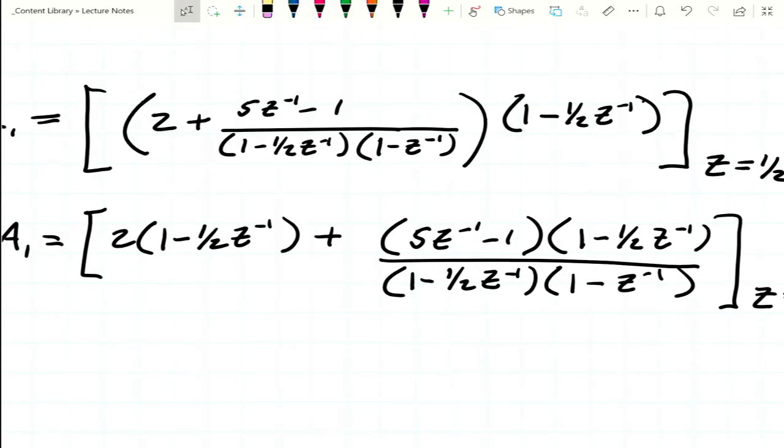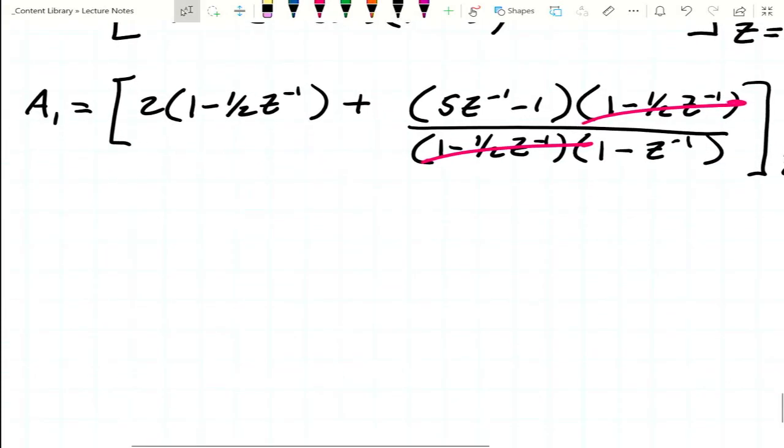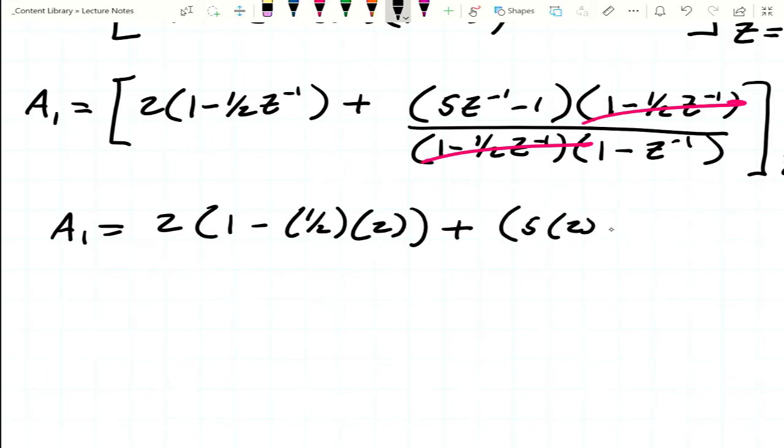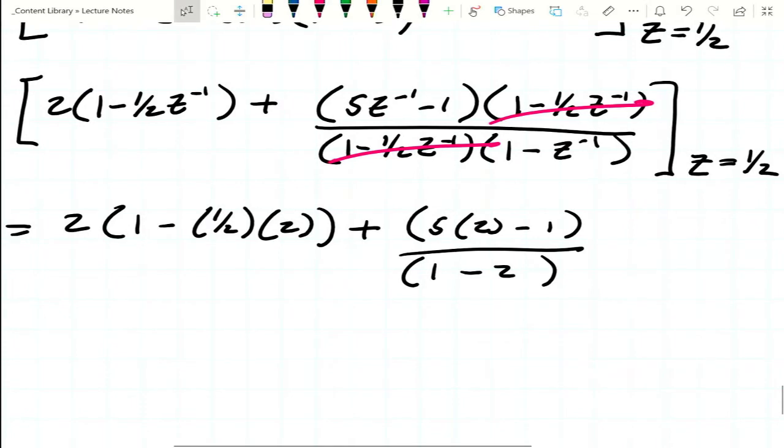All right, so a couple of things are going to happen. First off, most importantly, these guys will cancel each other out. And then we'll go ahead and apply z equals 1/2. So we'll say a1 is equal to 2 times 1 minus 1/2 times 2 plus 5 times 2 minus 1 over 1 minus 2. Don't forget, z equals 1/2 to the minus 1 is 2.